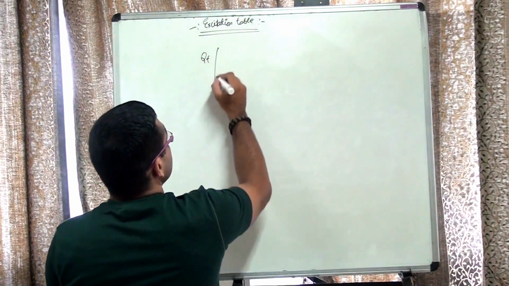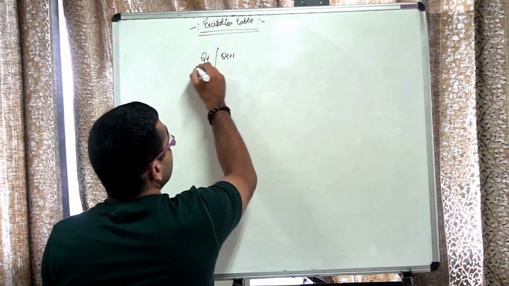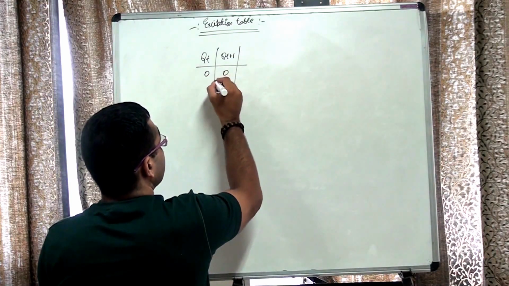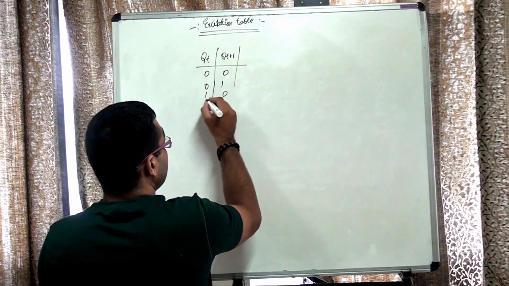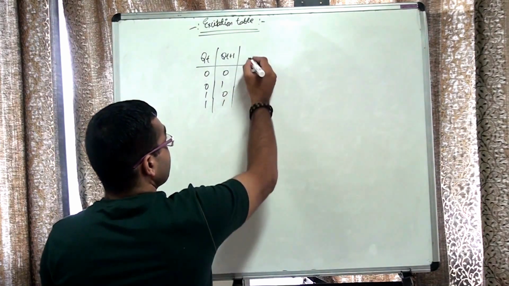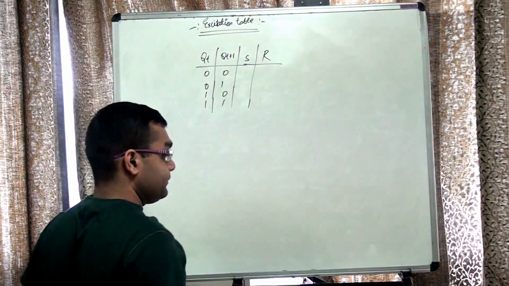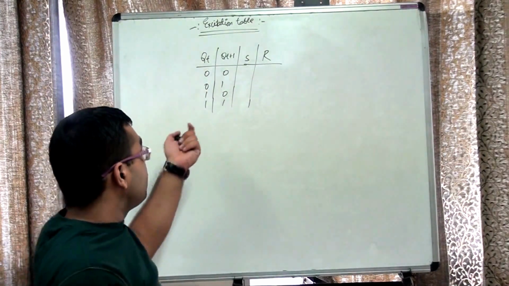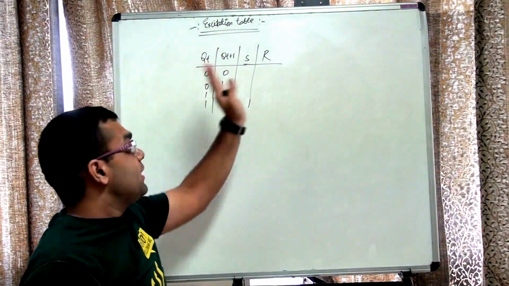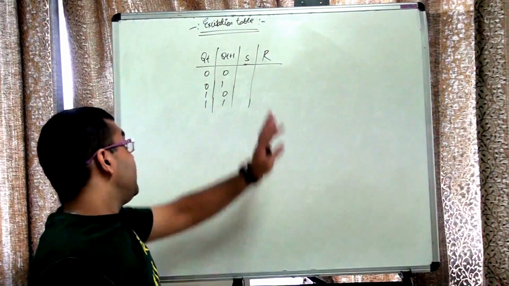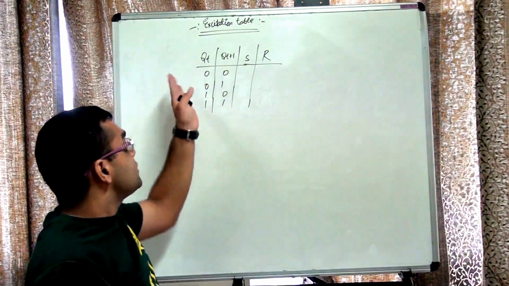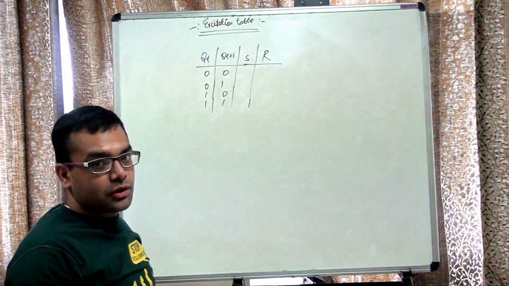Since there are two values, we have 4 combinations. Now with these values available, that is the present state and the next state, we want to predict what can be the value of S and R that may lead to these outputs. This is the basic difference between an excitation table and a truth table.